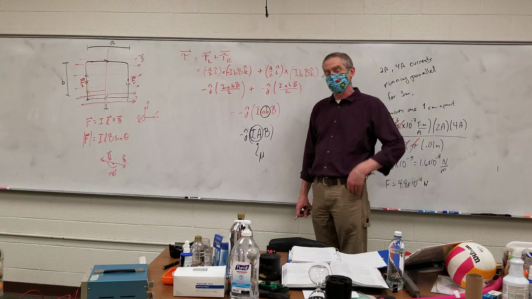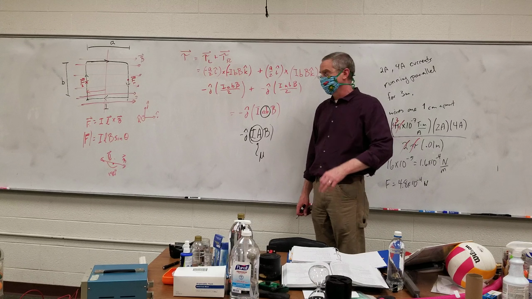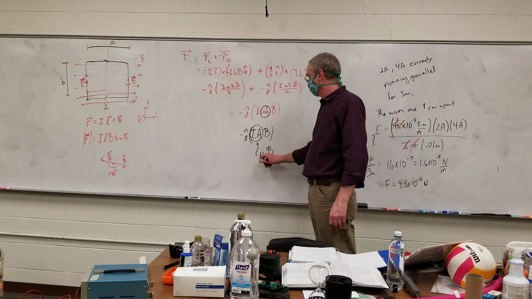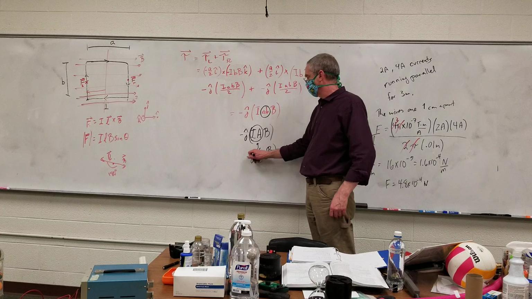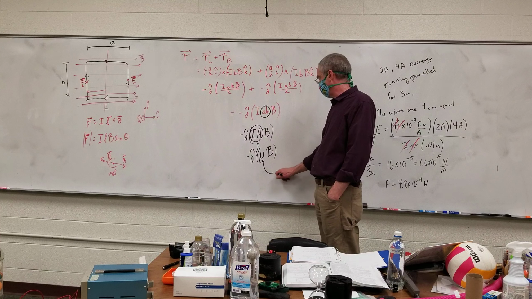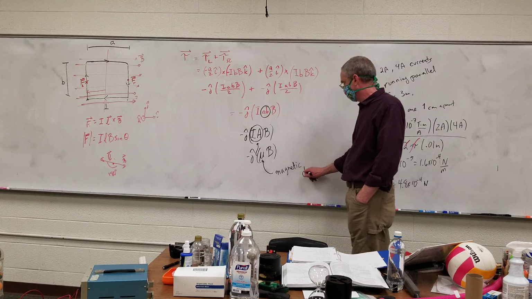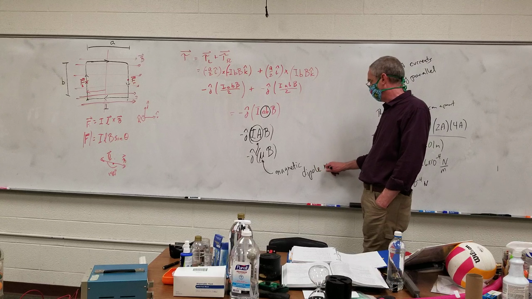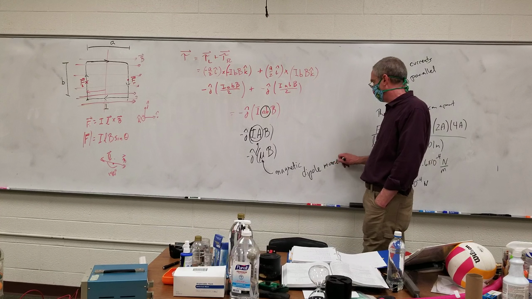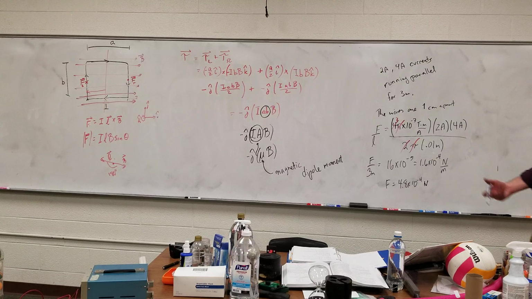This is not permeability. This is a different mu. This mu right here is the magnetic dipole moment. We dealt with electric dipole moment in the earlier chapter. Now it's the magnetic version.